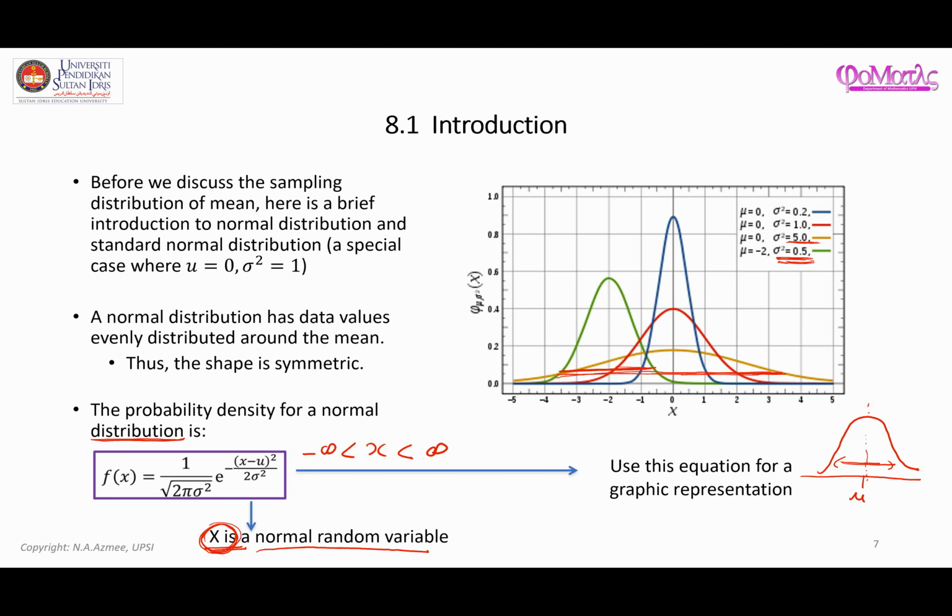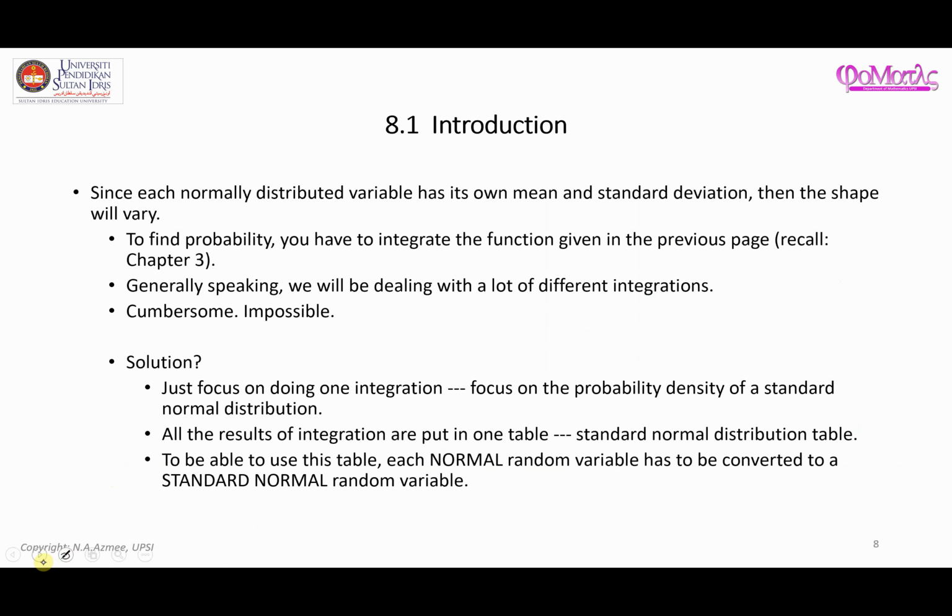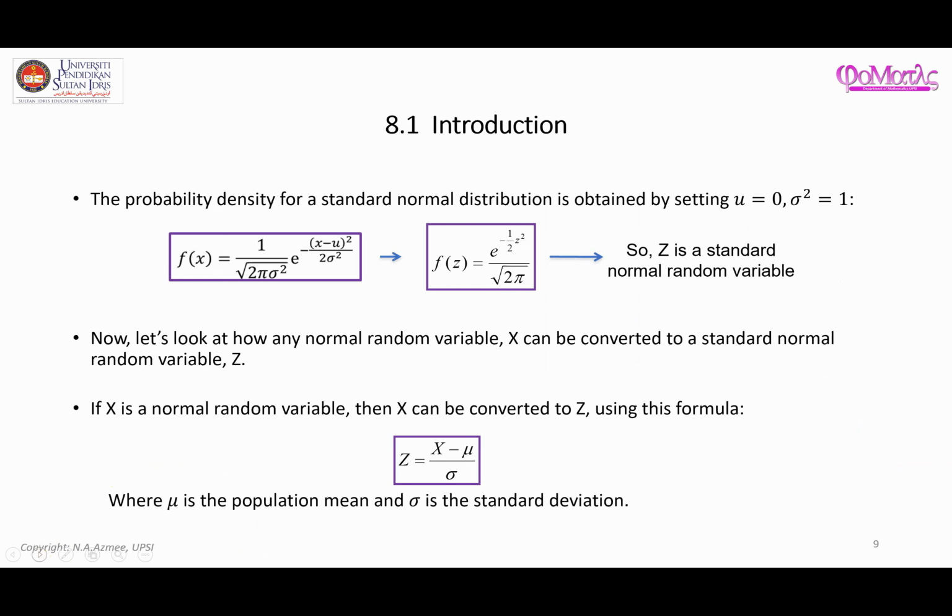Right, so that is the distribution of x. Now if x is a standard normal random variable, then this is the equation, this is the probability density that describes a standard normal random variable. And for more clarity, we change the use of x to z.